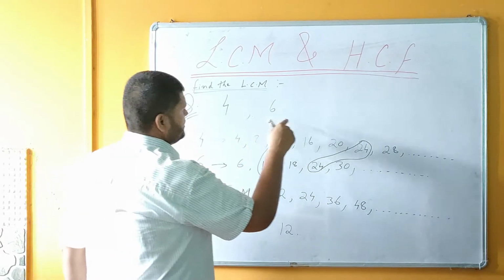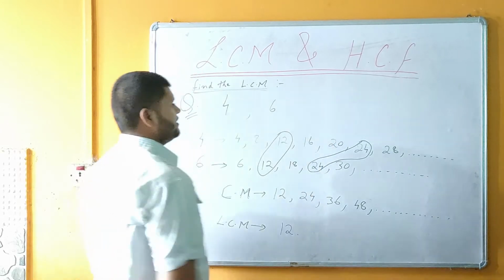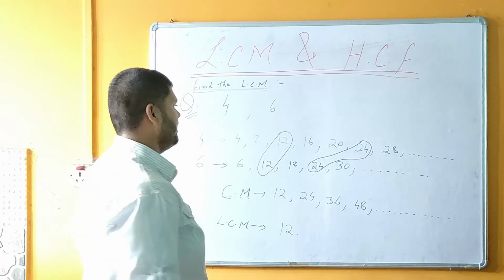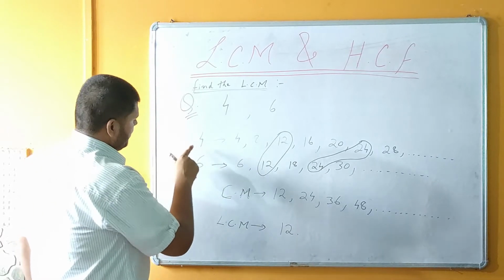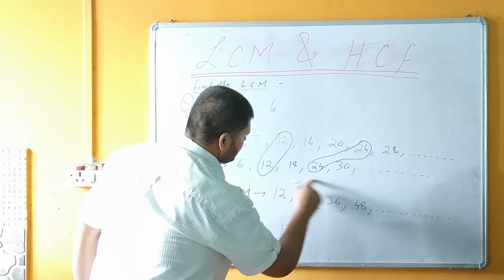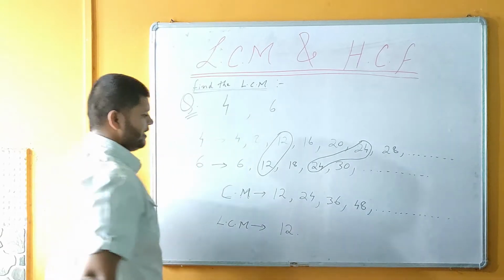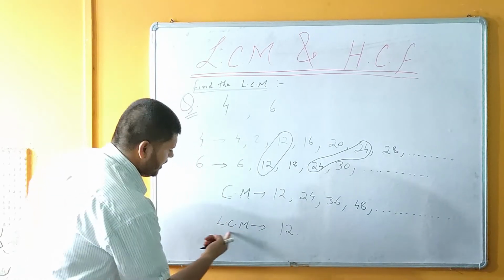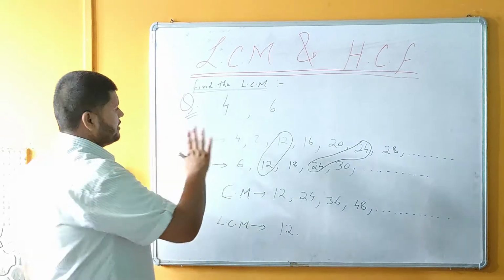If you want to take another one, say 7, you can take 7 also over here. In this way you have to find the multiples first for 4, for 6, then for 7. After that you have to see the common multiples. If you find the common multiples, there you have to find the lowest common multiple. If it is clear, then in this way you can proceed.